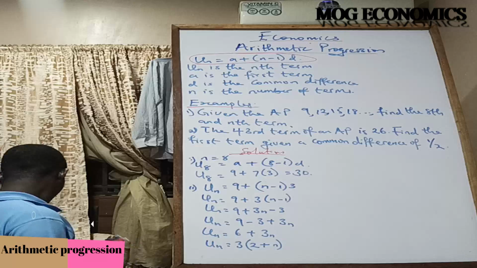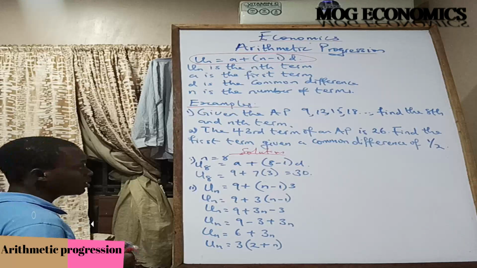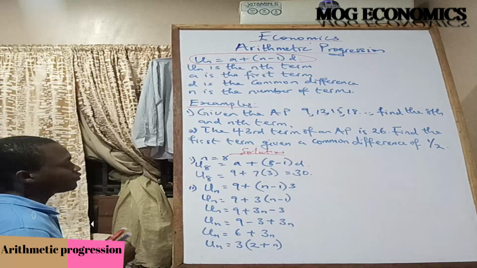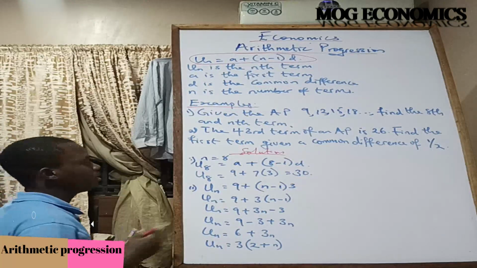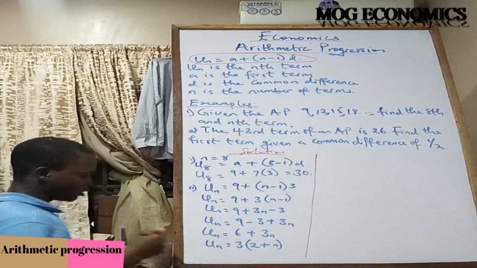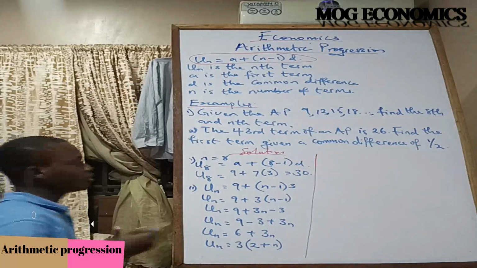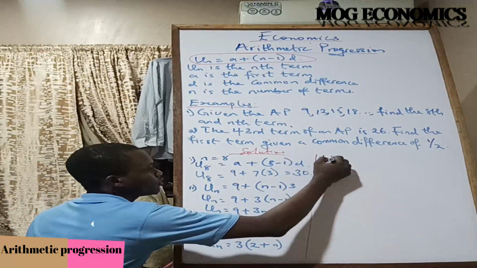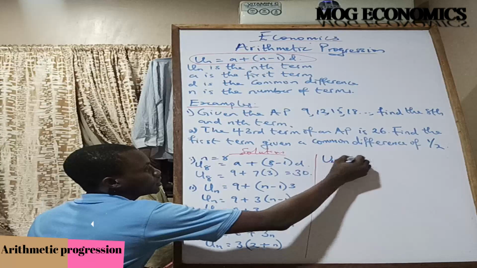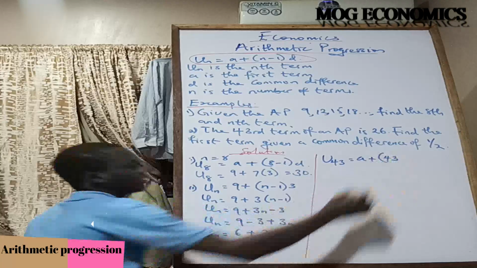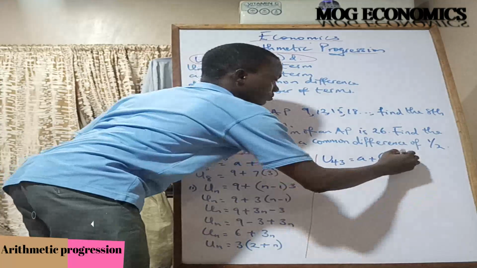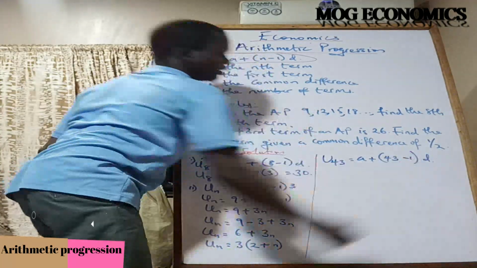Then after that, the next thing is the second question that says the 43rd term. So we've been given the 43rd term. But the formula that is going to relate the 43rd term to every other thing is u43 equals a plus 43 minus 1 d.